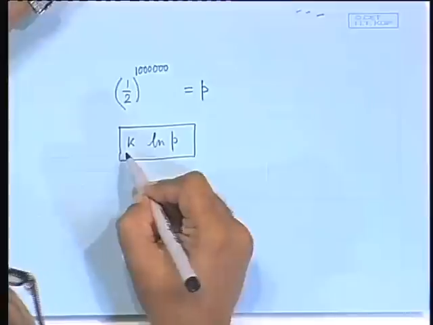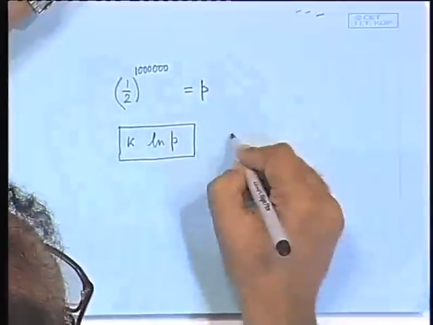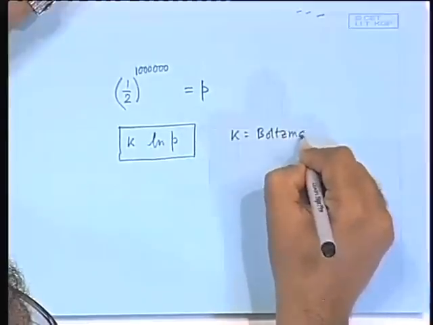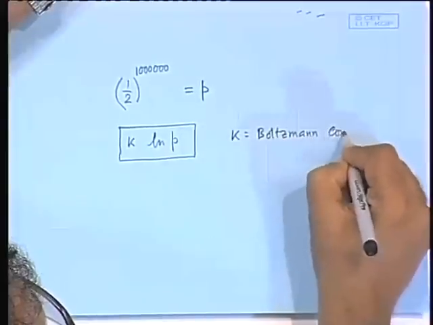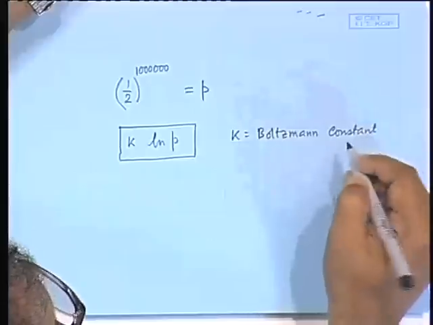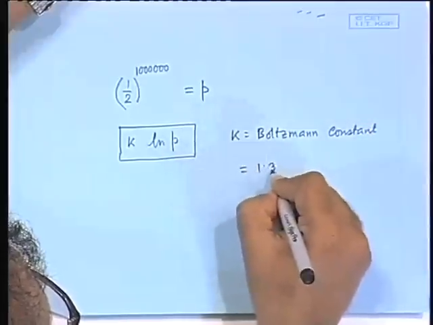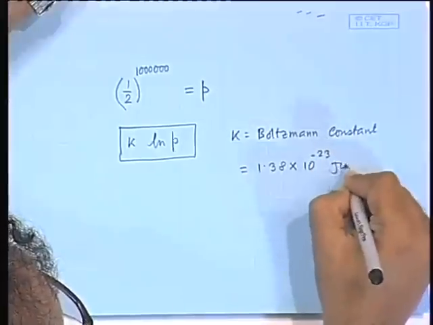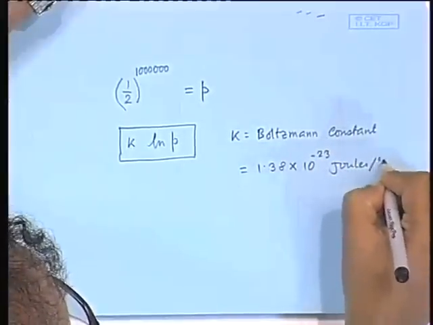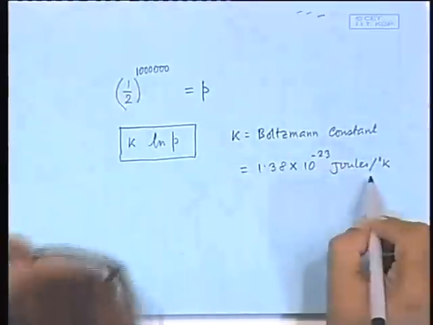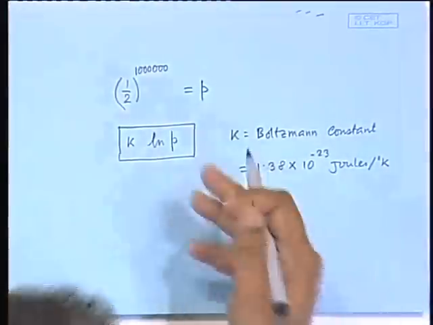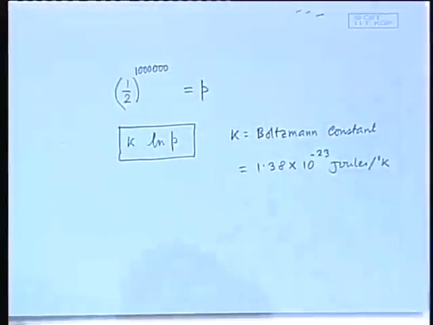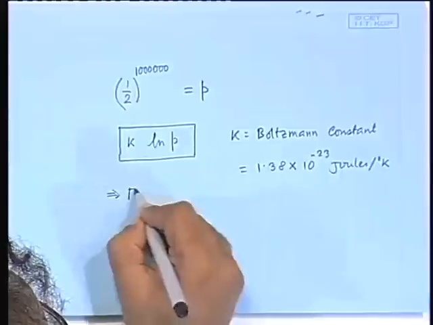And this K is the Boltzmann constant. It is a very small number, which when multiplied with this, you get a more or less handleable quantity. This is called the entropy.